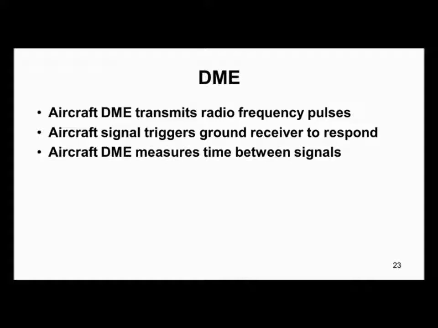receiver on the ground that gets it, it's tuned to channel 76, so there's probably only one, is going to wait a certain amount of time, and then send a signal back. That amount of time it waits is standard across all DME transmitters. The airplane's DME is going to take the time it takes to get there and the time it takes to get back, which is a really small amount of time.